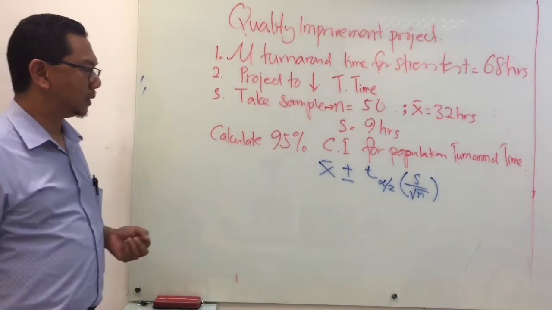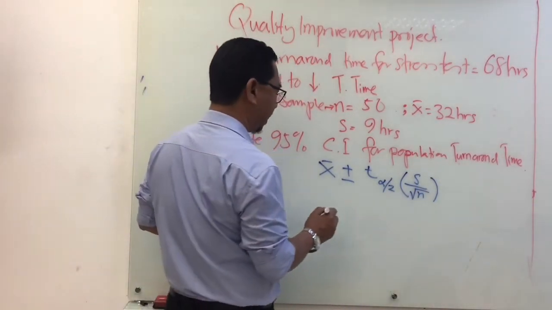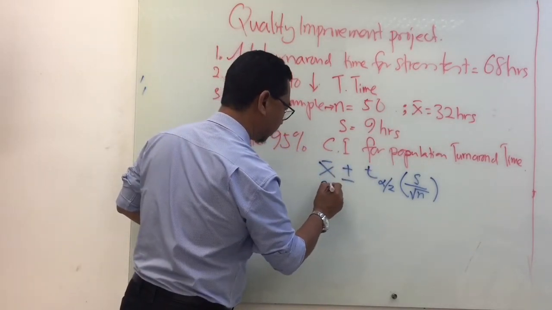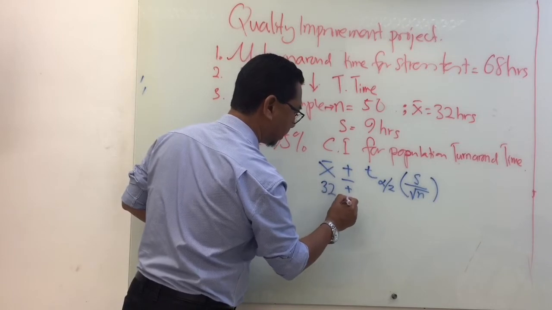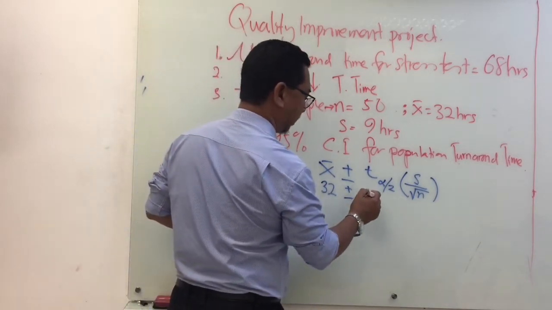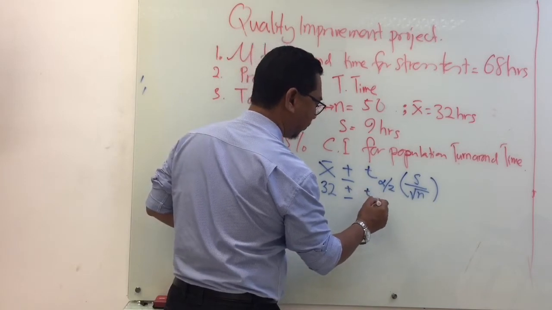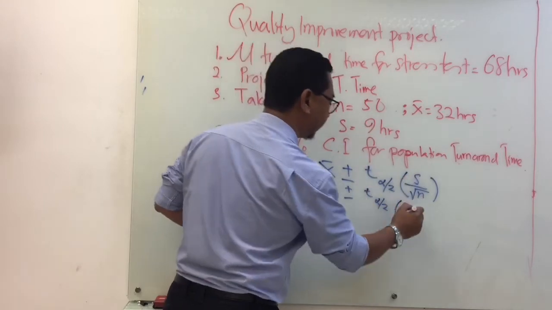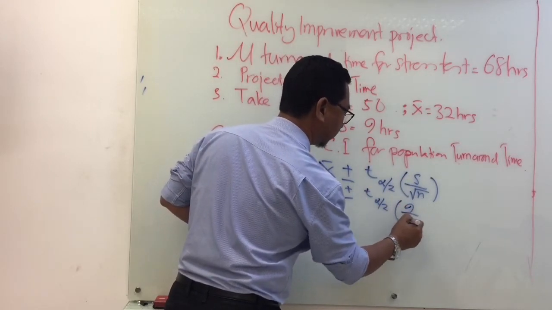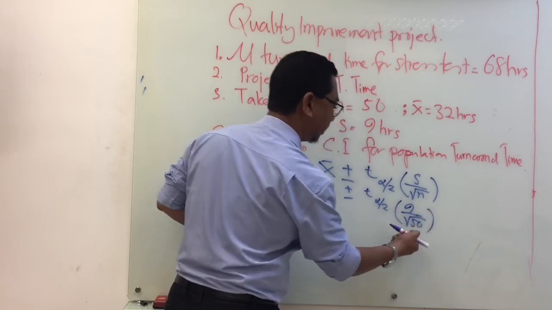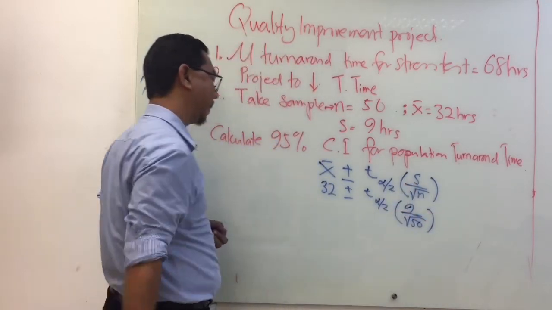We have this information. Now x bar is 32 plus minus the t value, which we will find later, s is 9, square root of n, 50.